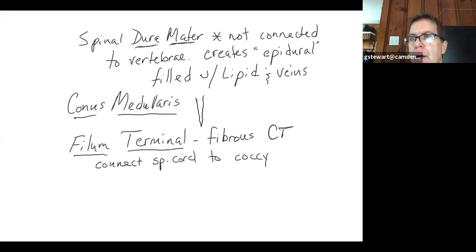Our tailbone, the coccyx. So there's fibrous tissue emanating off of the conus medullaris that helps anchor, if this is the tailbone, which is 3 fused bones like this, the spinal cord gets anchored to that. It's sort of long fibrous connective tissue.